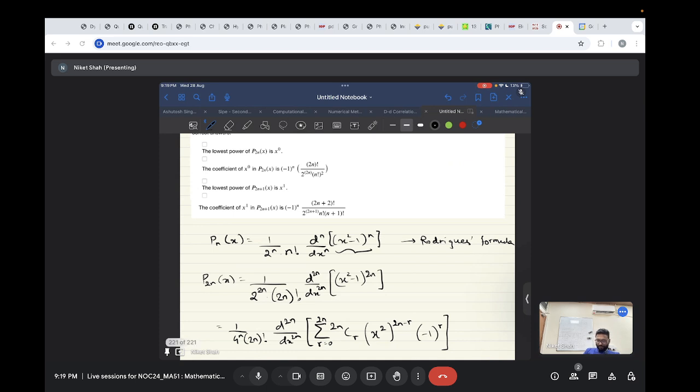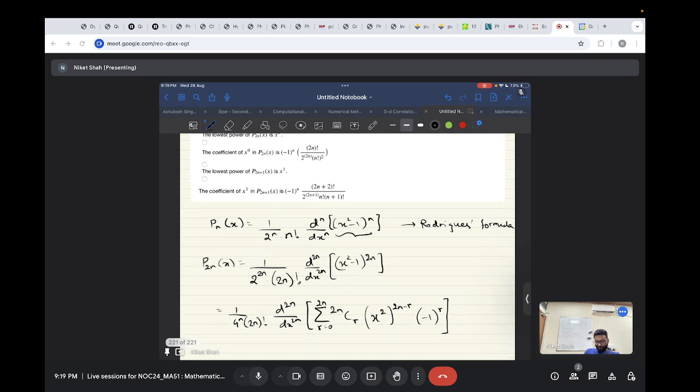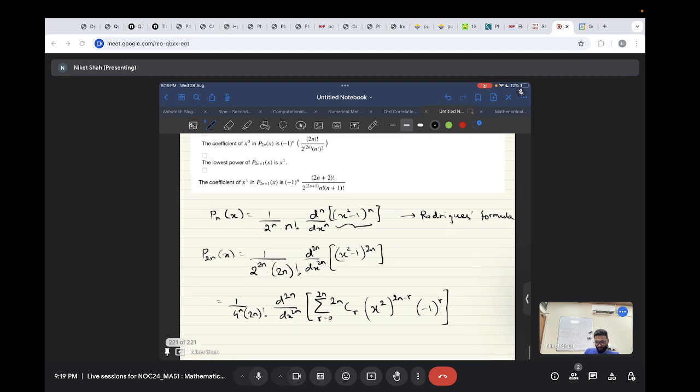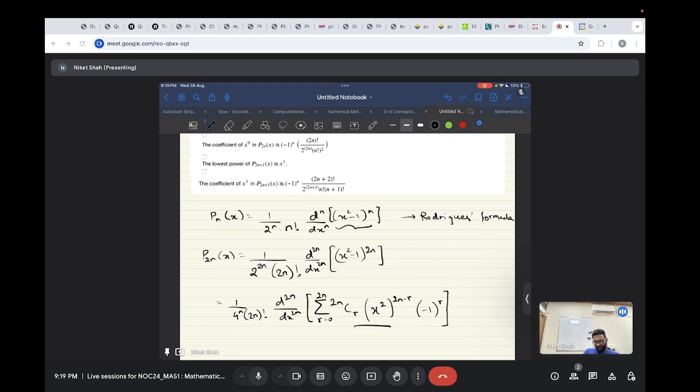So if you see x square, the expansion will basically give you all the powers of x in multiples of 2, starting from x raised to 0 till x raised to 4n.